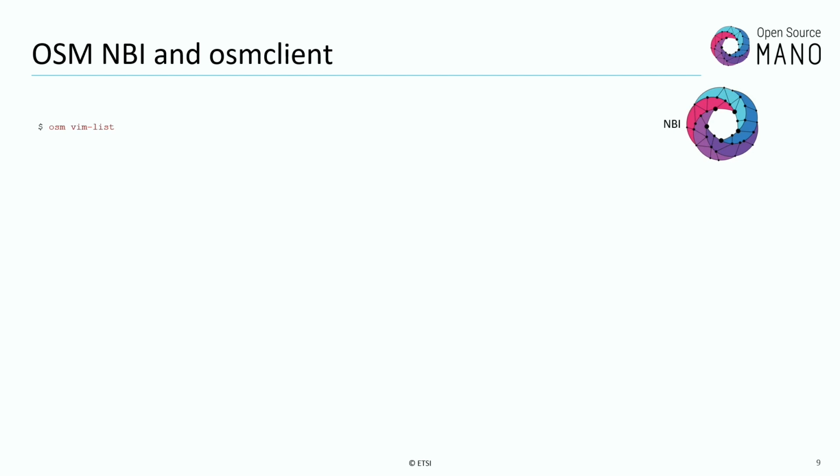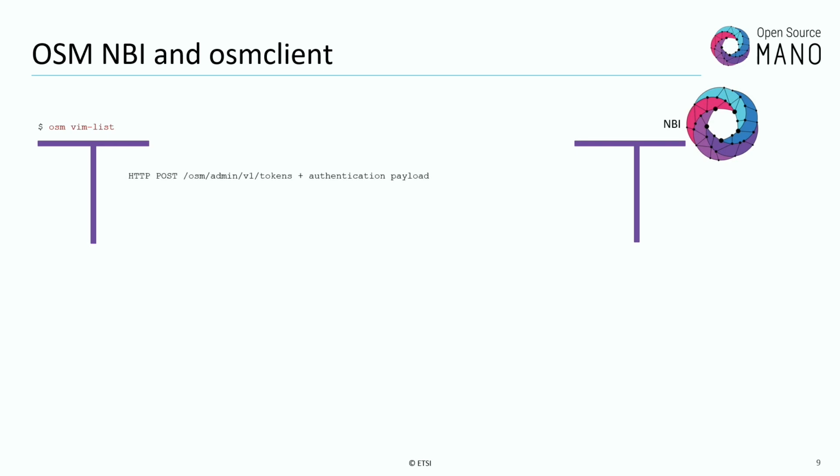Okay, so first thing that happens is we've got the OSM client and the northbound interface. The OSM client will issue an HTTP POST request to the northbound interface. This is a POST to admin/v1/tokens. Here's where we give our credentials, and if the NBI likes our credentials, it will return a 200 OK and the token that we can use.